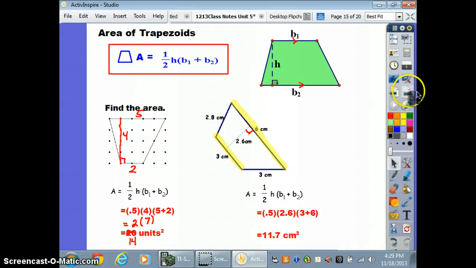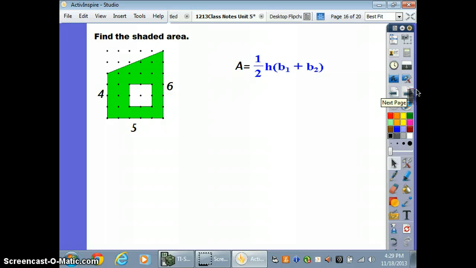Okay, the last one. Another complex figure. We have a green shape and then we want to cut out a little square. Can you see the green shape's a trapezoid? I hope so. It's on its side. The bases are 4 and 6. All right, let's plug that into the formula.